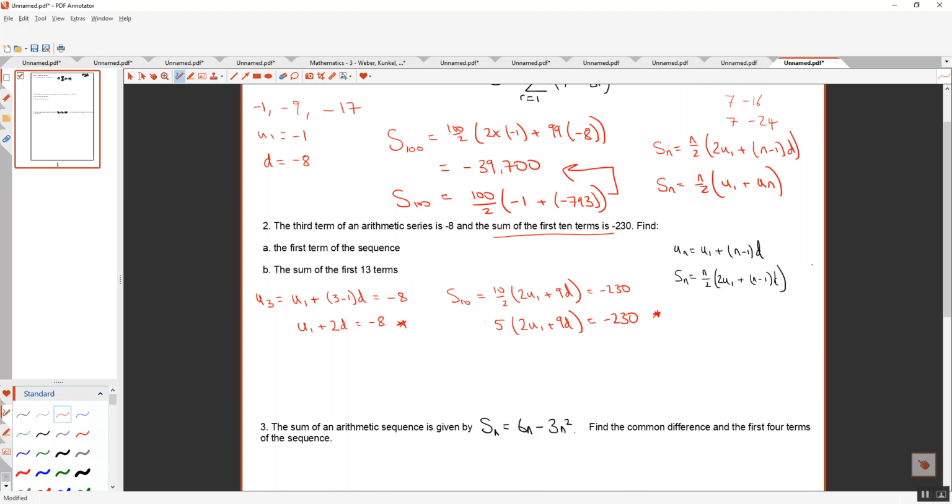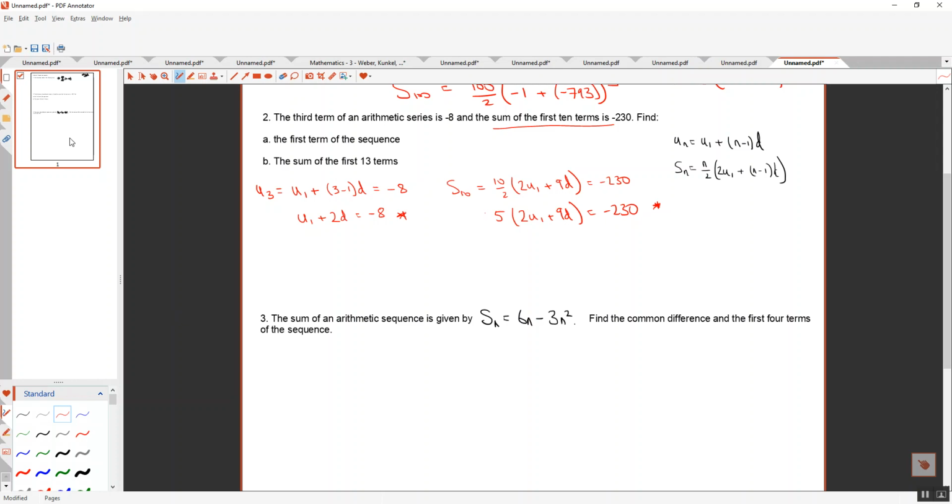Anybody want to tell me how to solve these simultaneously? I would expand the brackets. Okay. To give you 10u1 plus 45d. Then what would you do? Somebody else.